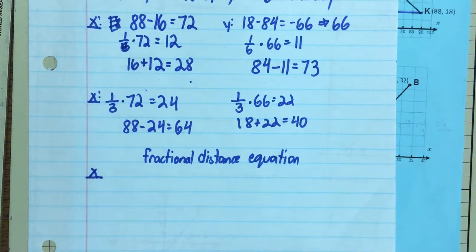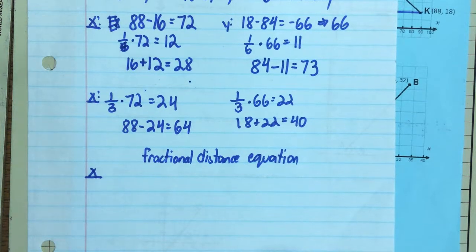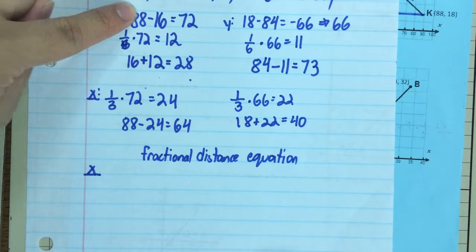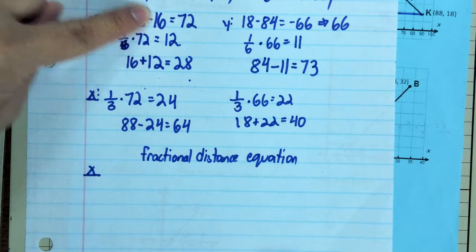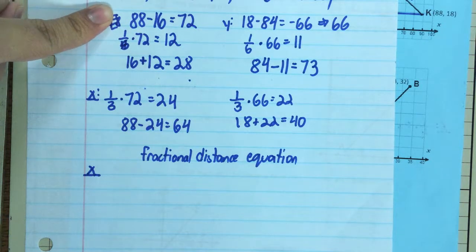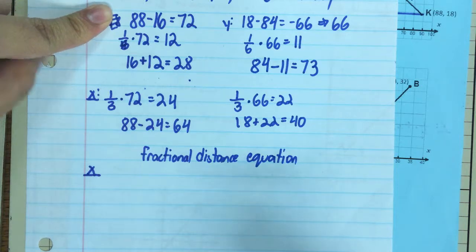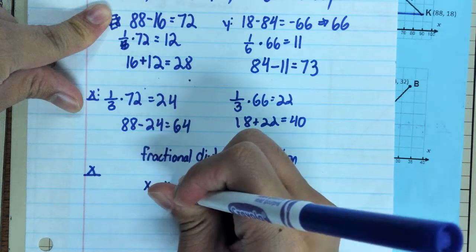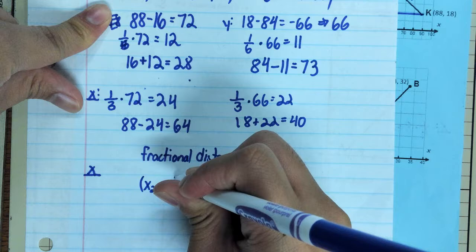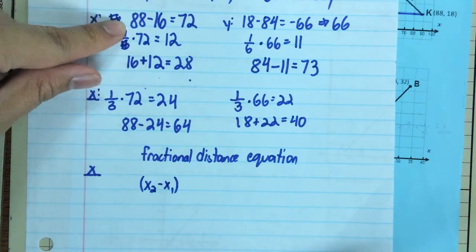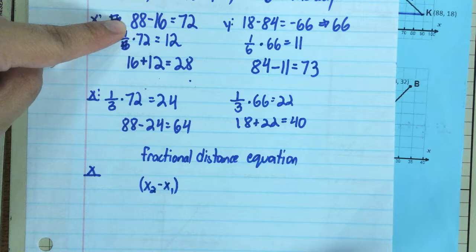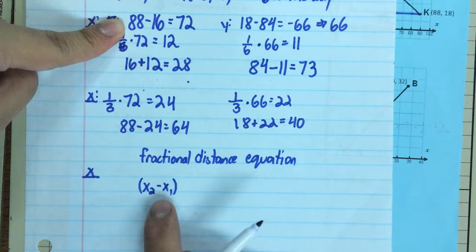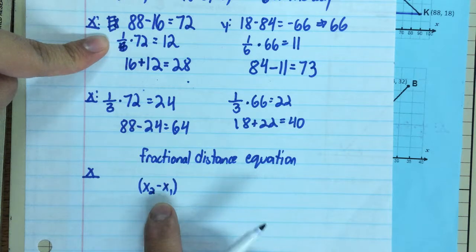On the x side, let's look at our three-step process. Our first step is we subtracted. We found the distance between the x values: second x minus the first x. Find my distance between the two numbers. Our next step was, whatever that number turns out to be, we multiplied it by the fraction.